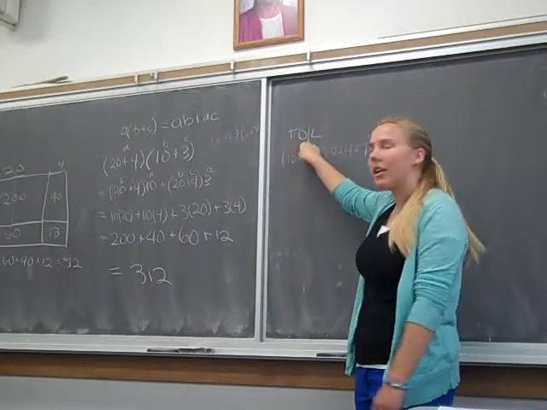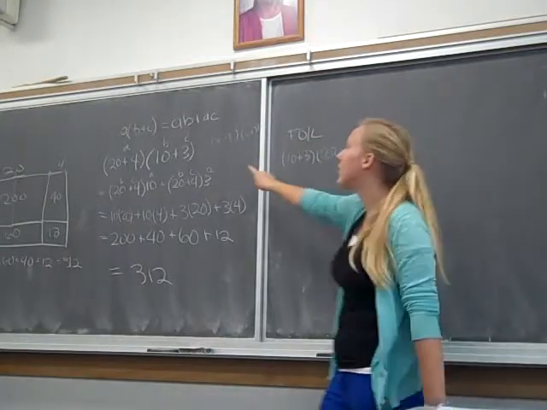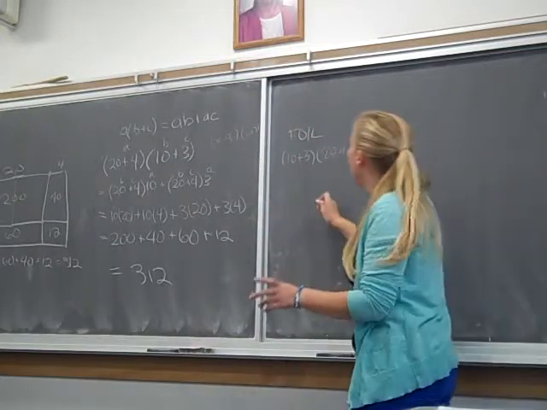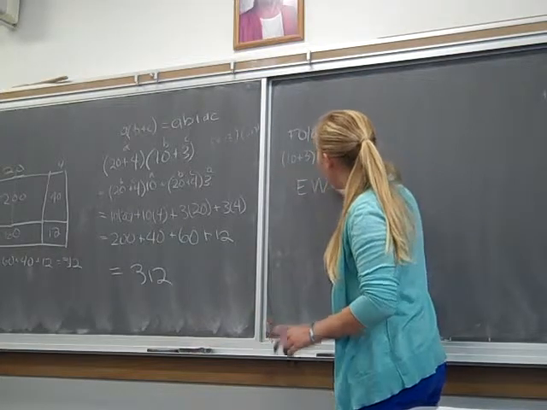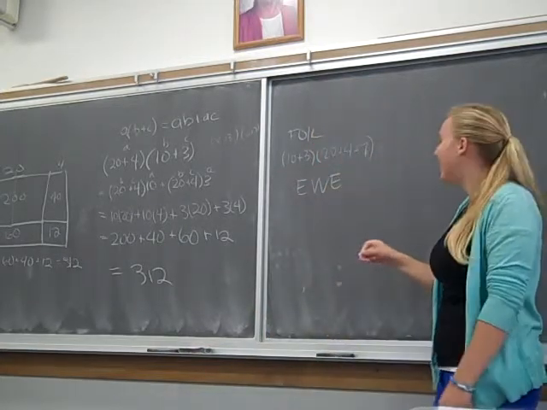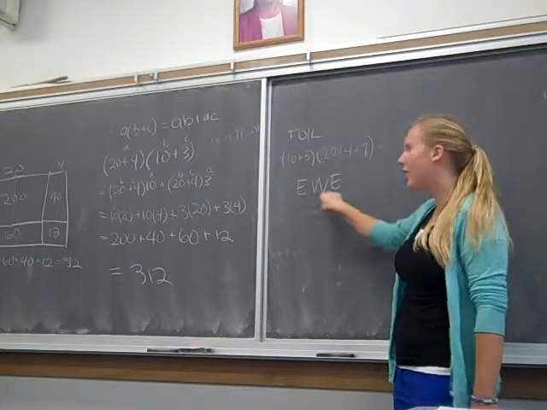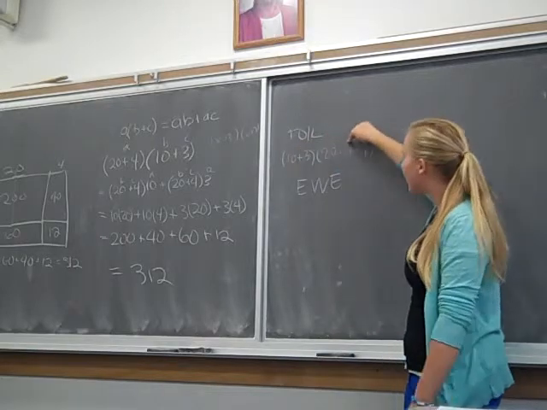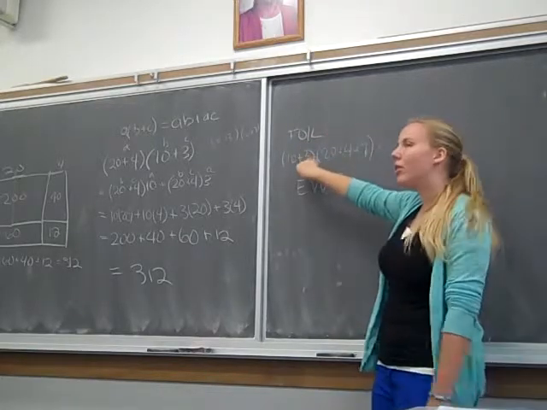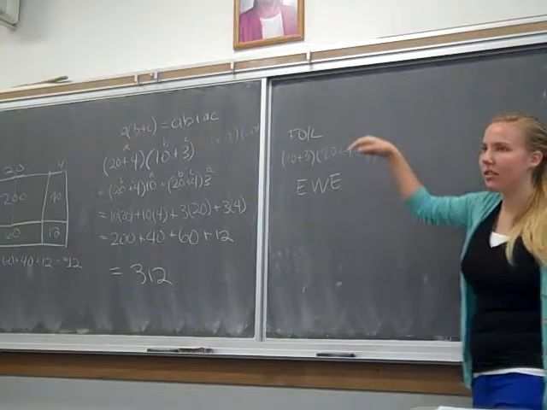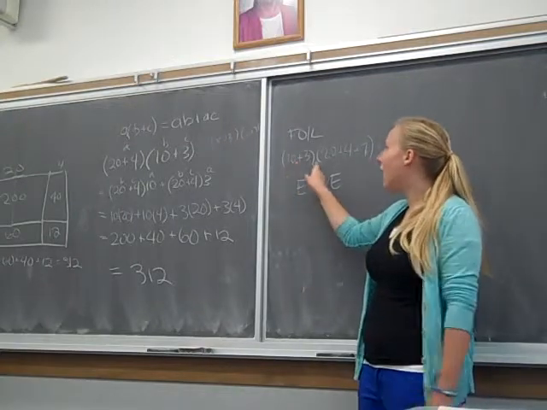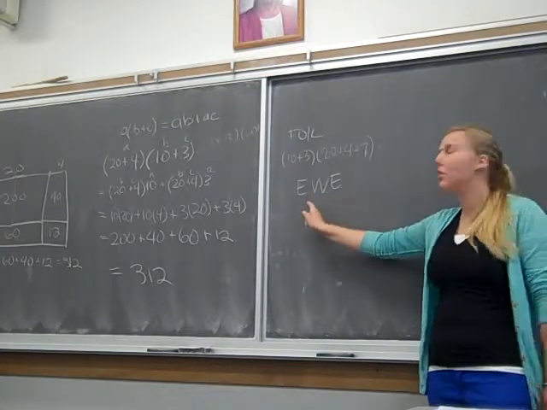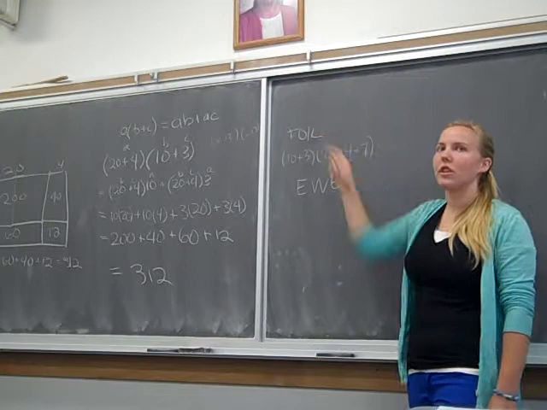So instead of thinking about it as FOIL, which only works if we've got 2 terms times 2 terms, we talk about U, like the sheep, which stands for everything with everything. So you just take one and you put it with everything inside the other. Then you take the other one and you do everything inside the others. And that will hold no matter how many terms you've got in each of your parentheses. So this is a better way to show your students than FOIL, which only works in some occasions.